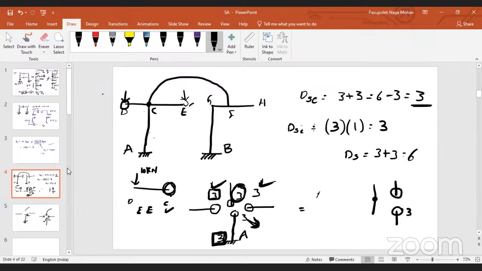And then with the help of these three and these three, we can find out the forces in this member by saying summation of forces is 0. If I'm still not clear, we'll discuss after the class. Except here, is anybody having a doubt?